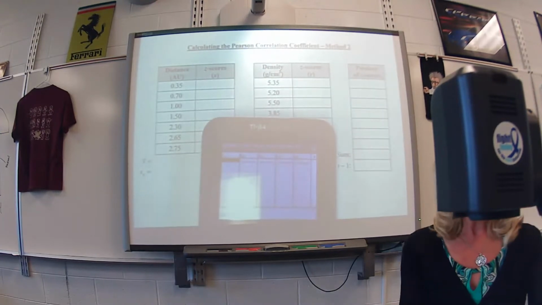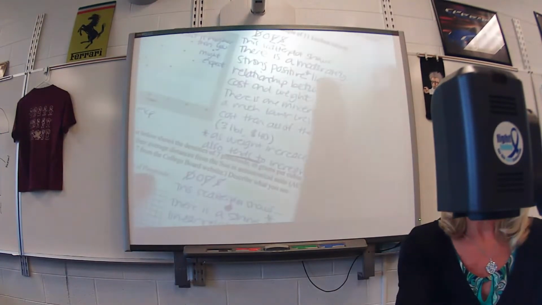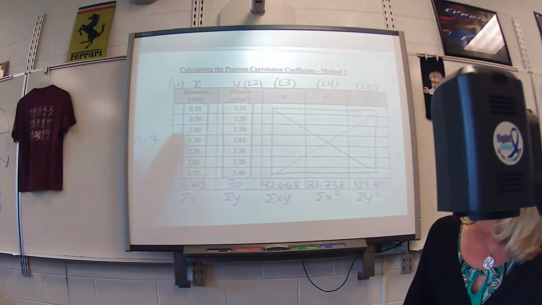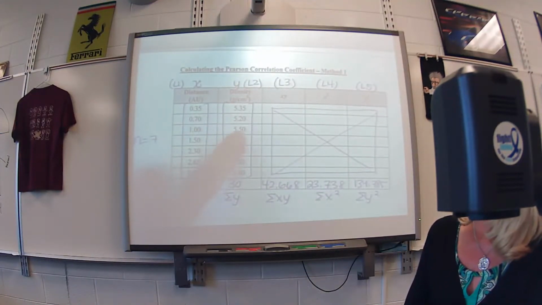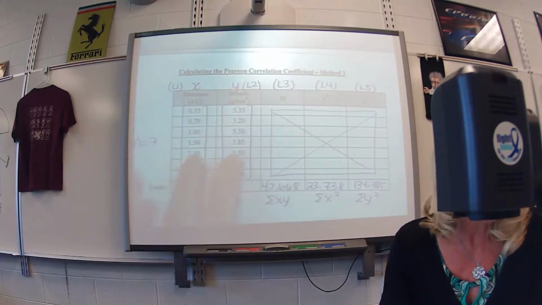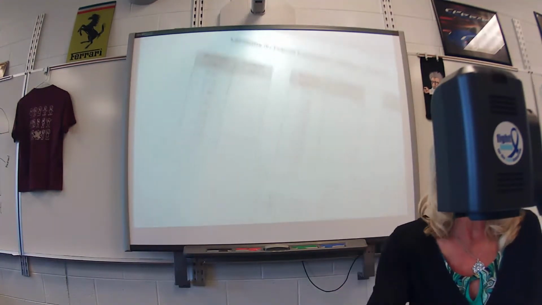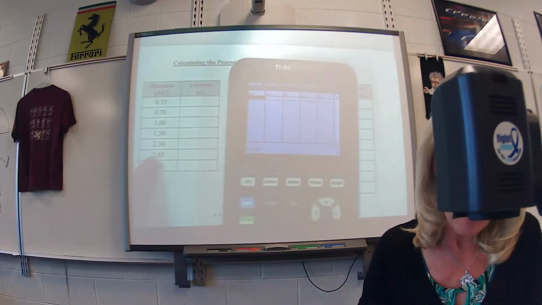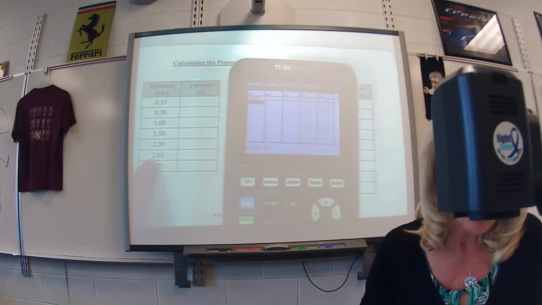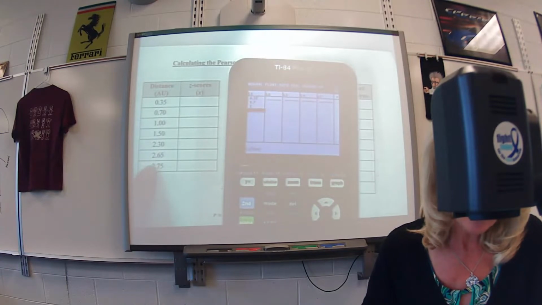So this is the same data that we used on Friday. The only thing that we did here was I had these listed side by side, and I have gaps in between here, and I have a reason for that. All right, I'm going to put these in. 0.35, 70, and 1.